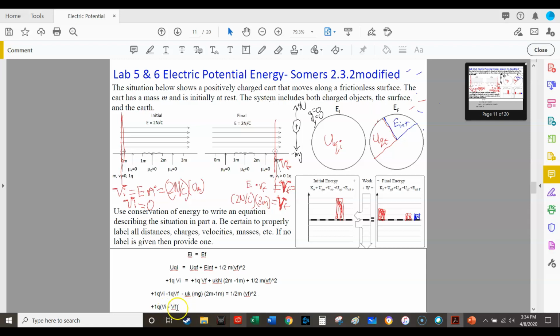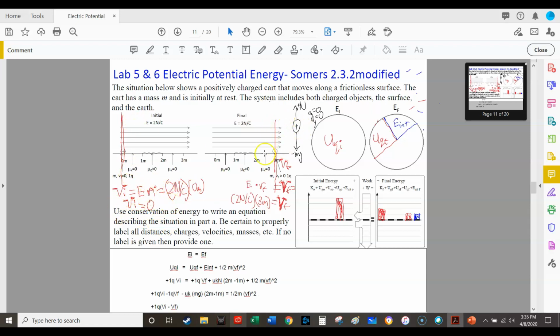So again, just like the earlier lecture, the only way to measure electric potential energy is by a change in voltage. That's why it's so important to get a delta V, because potential energy is equal to Q delta V, right? And since you can't say that we started out with 0 energy, even though this works out to be 0, that had to be something that drew that across.